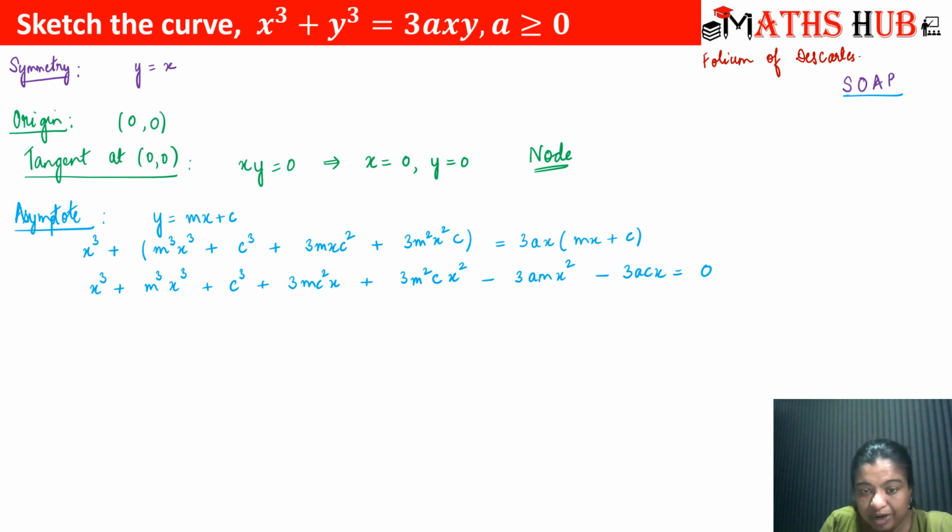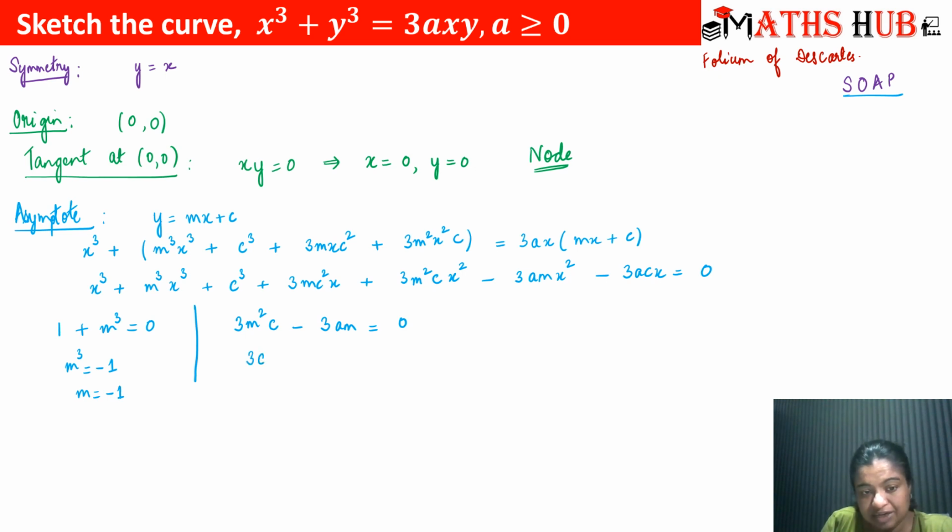So let us equate the highest coefficient of x, that is 1 plus m cube equal to 0, and let us equate the highest coefficient of x square equal to 0. That will give us 3m squared c minus 3am is equal to 0. If m cube is equal to minus 1, the only real value of m that we will get is minus 1. So let's substitute here.